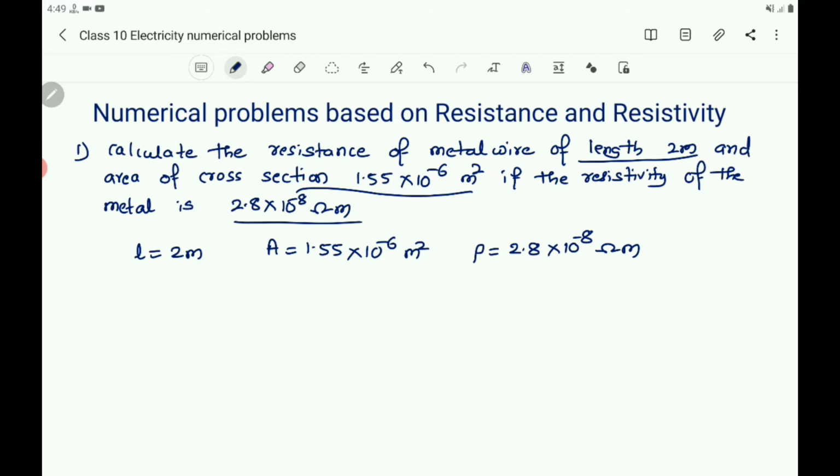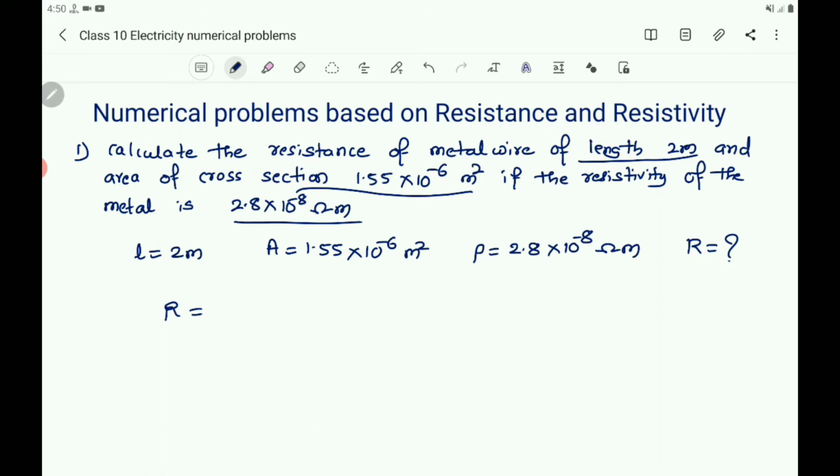Now you write the relation. Here what we have to find out? We have to find out the resistance. So you write R equals question mark and write the relation among the resistance, resistivity, length and cross section of a metal wire.